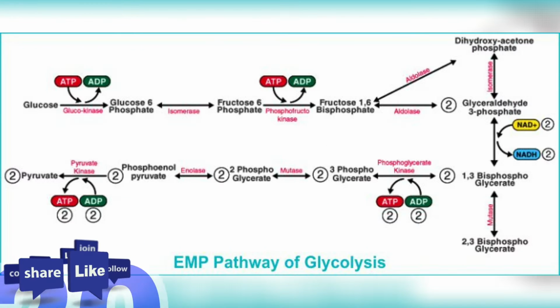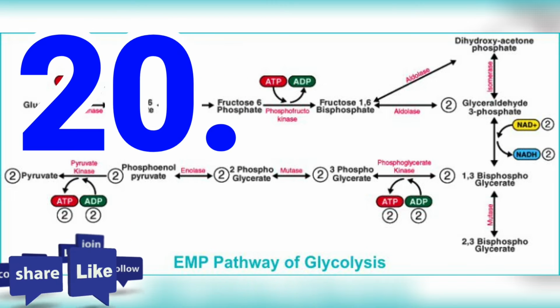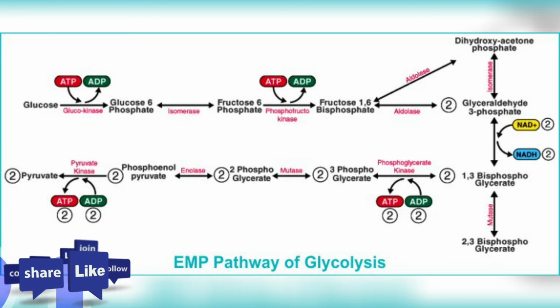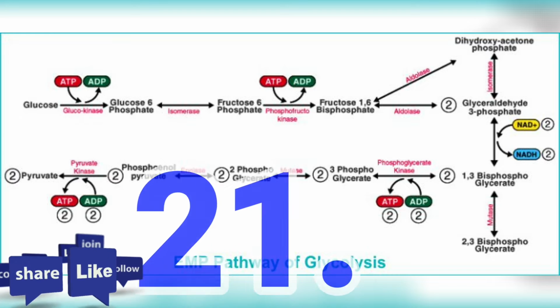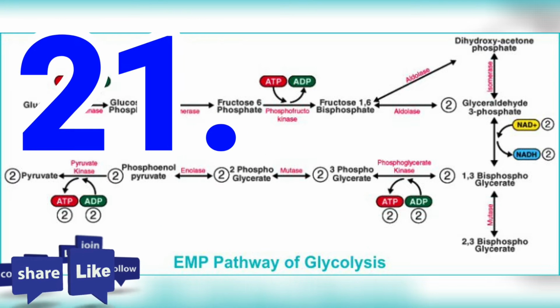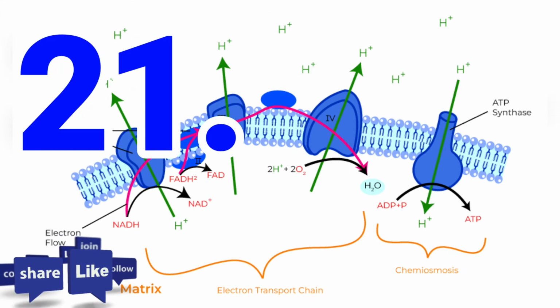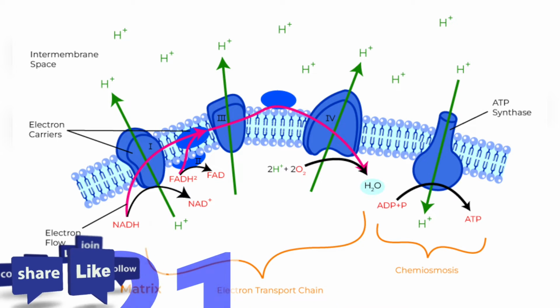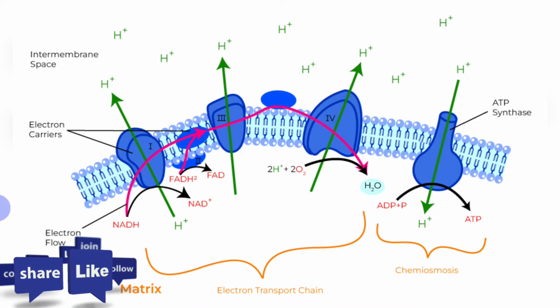In the EMP pathway, the direct gain of ATP at the end of the process is 2 ATP. In glycolysis during anaerobic respiration, the net or total or direct gain of ATP is 2 ATP, as NADH2 does not enter into the ETS. ETS stands for electron transport system.